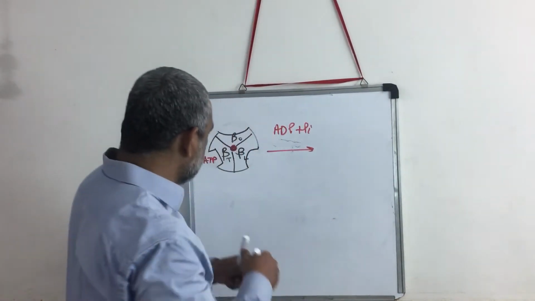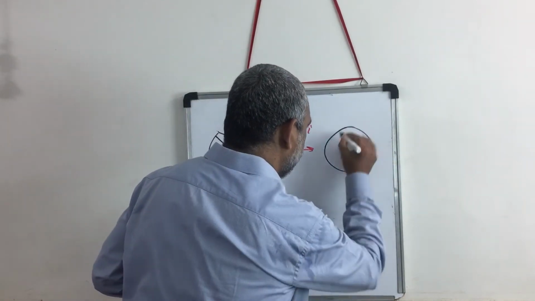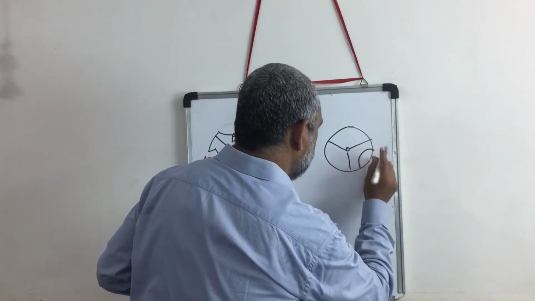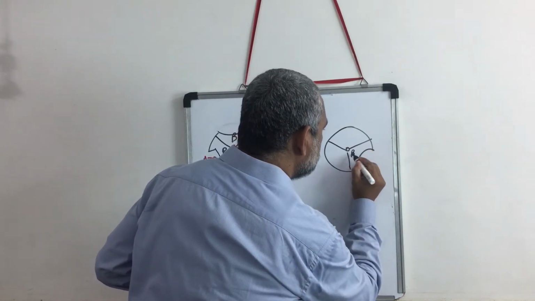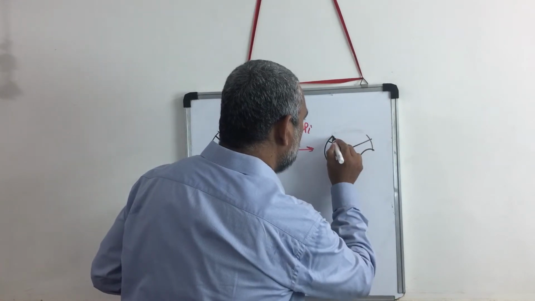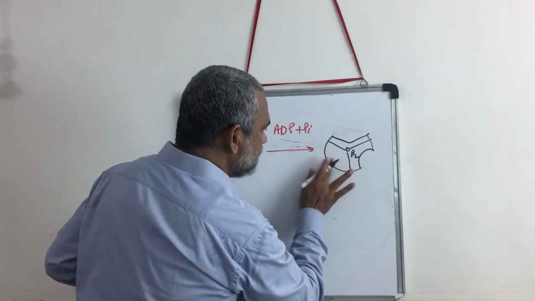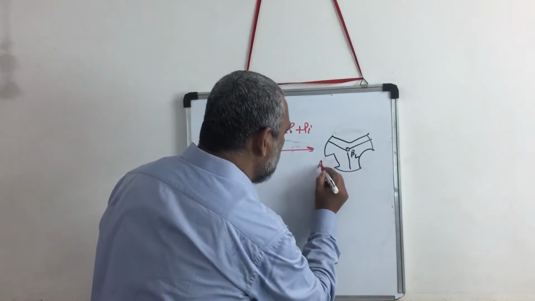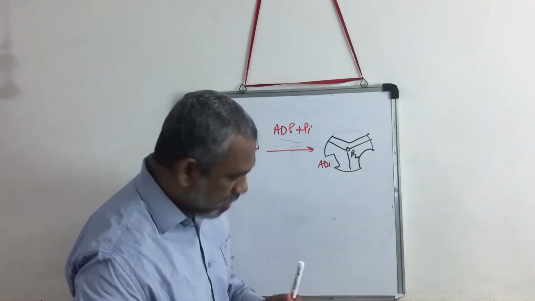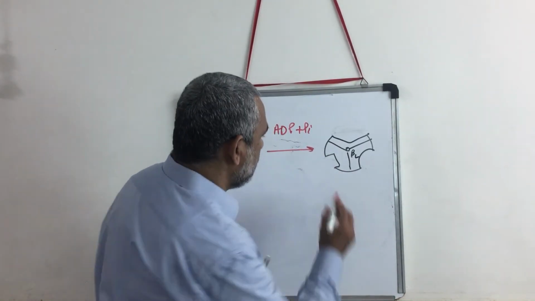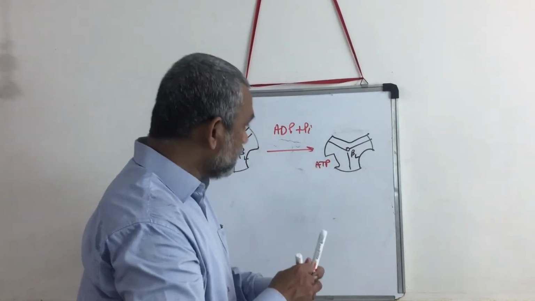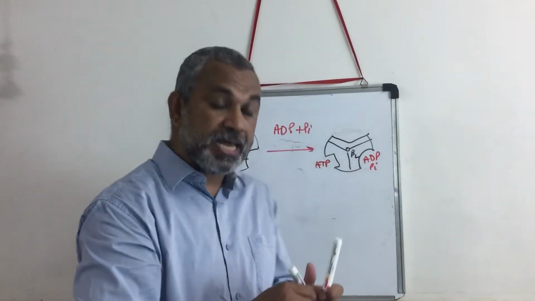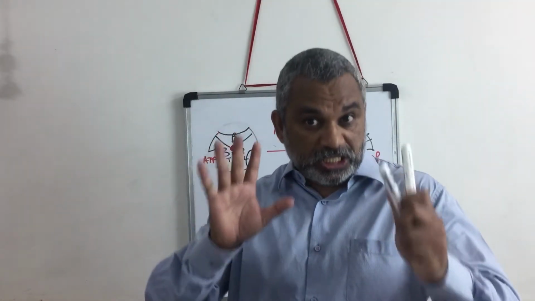So this is the beta loose, this is totally open, and this is the tight. The tight has an ATP already bound, and in the loose, ADP and Pi are now binding. So now it is ready.